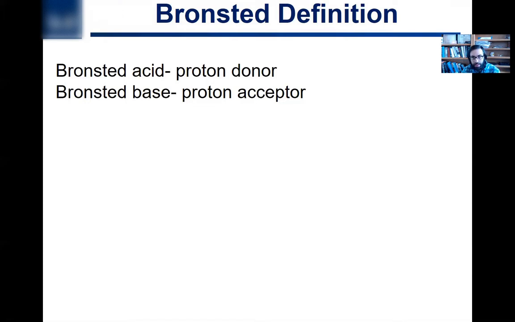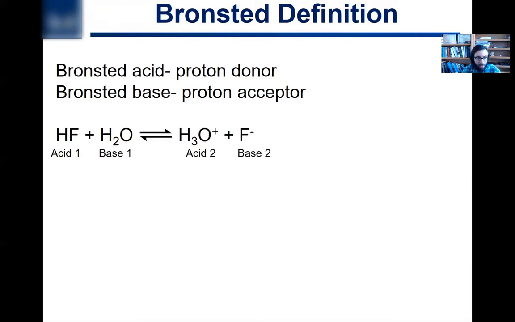So this is a narrow definition. It's not as fully encompassing as the Lewis acidity definition we'll talk about later in this chapter. But most of the bases and acids we deal with do involve proton transfer, so this definition is very useful for us.